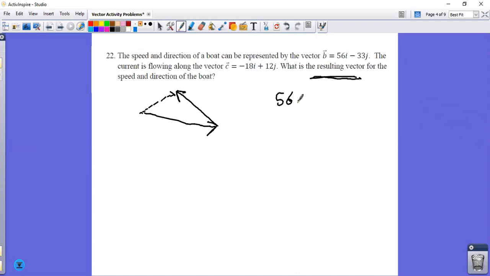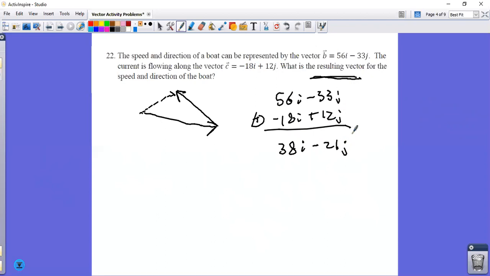So you take 56I minus 33J, you're adding the -18I plus 12J, and you end up with 56 minus 18 would be 38I minus 21J. So that's the resulting vector of the boat within the current.